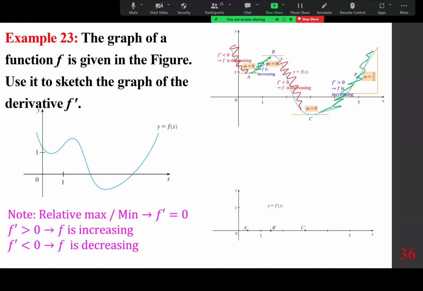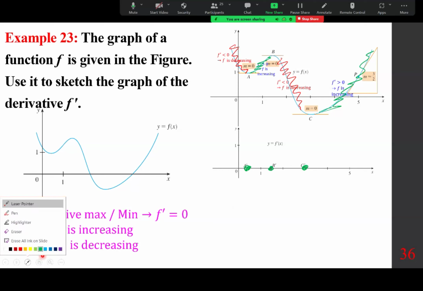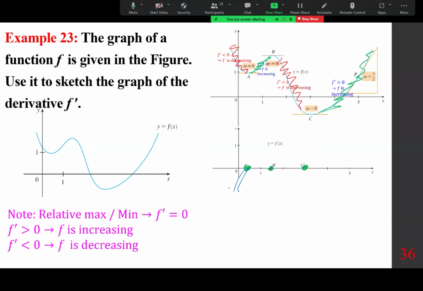And so what happens roughly, this corresponds to 0, right? This corresponds to 0. This corresponds to 0. And if we look at this part, everybody, it says decreasing, f prime is negative, so it has to be below the x-axis. So something like this. Okay, it doesn't have to be exact.